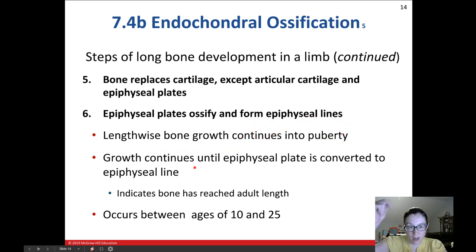At puberty, it's going to have really long growth spurts. They'll get longer, but the growth plates also narrow. And then eventually, once the growth plates close, that means the bone has reached its adult length. Depending on the bone, it can occur anywhere between the ages of 10 and 25, and each bone is going to have a different age that it usually closes.